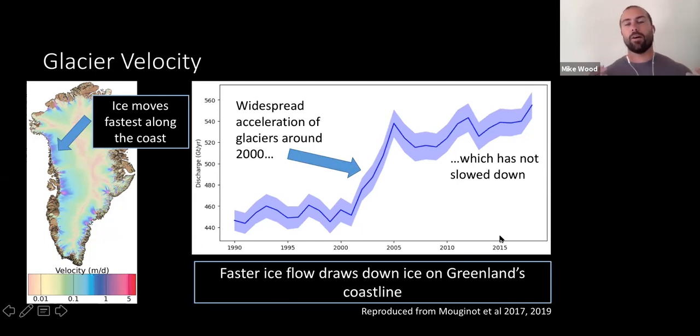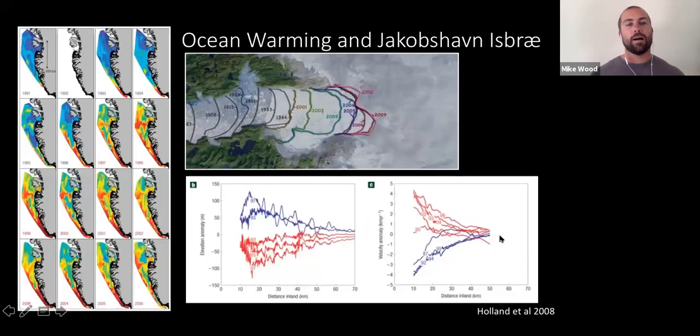So what is the ocean's role in all of this? Well, we got an initial high profile look at how variations in ocean temperature might be affecting the dynamics of Greenland's ice by David Holland's paper in 2008, which documented this warming along the west coast of Greenland and through Baffin Bay, which happened just prior to the retreat and collapse of Jakobshavn's ice tongue.